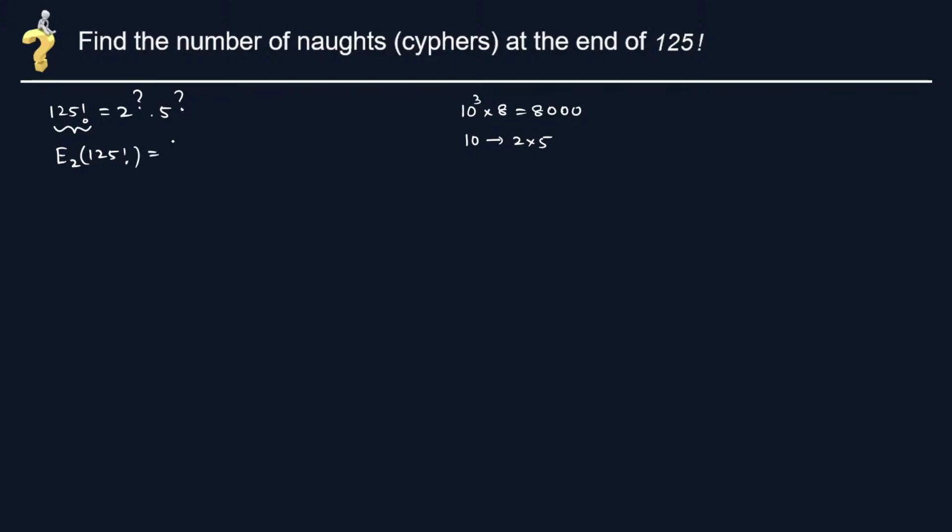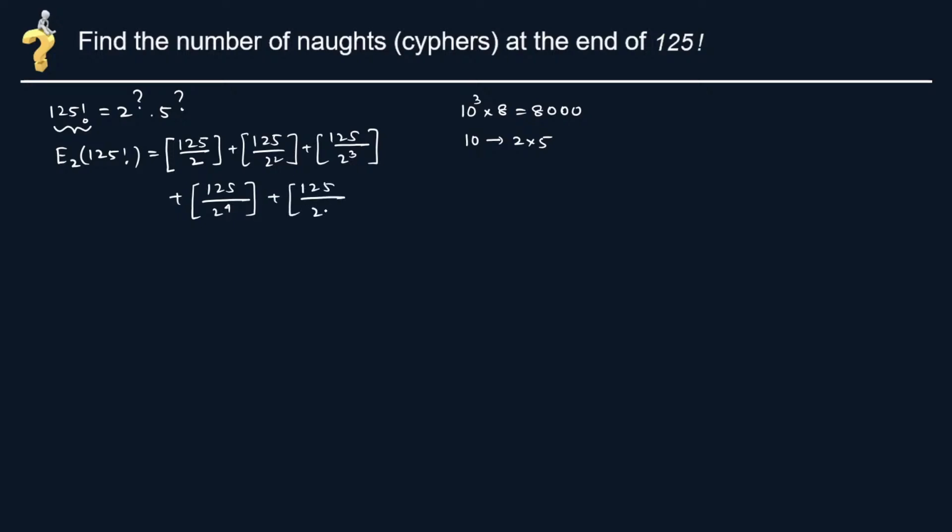What I will do is use the greatest integer function: 125 divided by 2, 125 divided by 2 square, 125 divided by 2 cube, 2 to the power 4, 2 to the power 5, 2 to the power 6, 2 to the power 7, and so on.